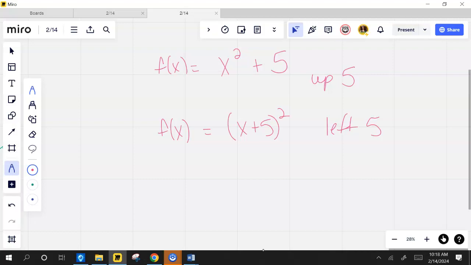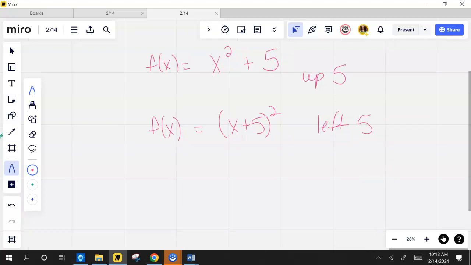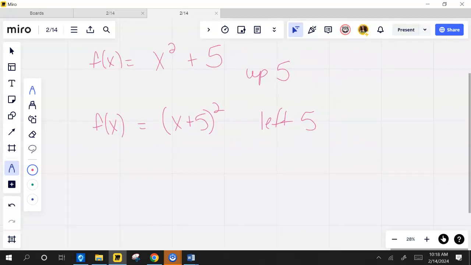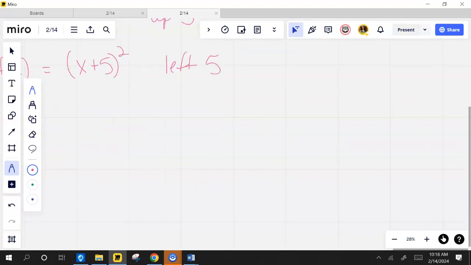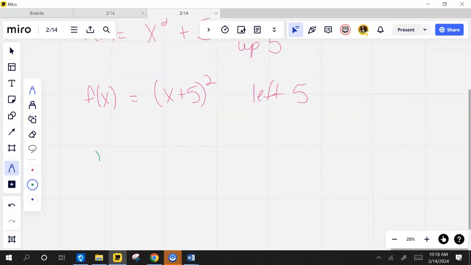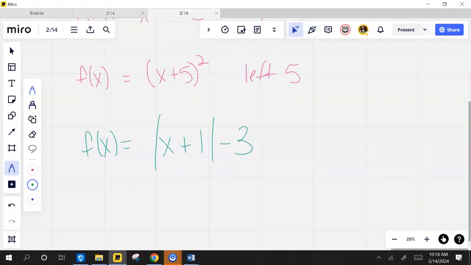All right, let's talk about reflections. Can you have multiple transformations, by the way? Sure. Have you ever seen an equation that looks like this? You saw it yesterday. That's exactly right. So instead of thinking about it being a vertex, which it still is, tell me the transformations that happen here.